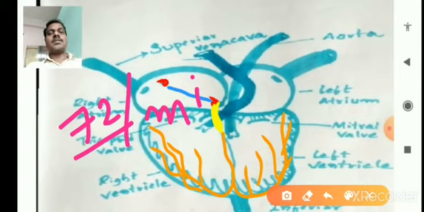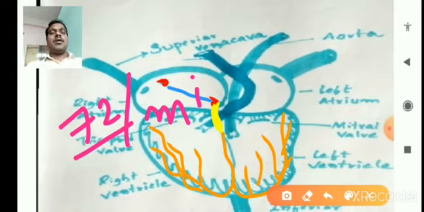In 60 seconds, how many heartbeats are present? So in 60 seconds, that means in 1 minute, the heart is beating 72 times.